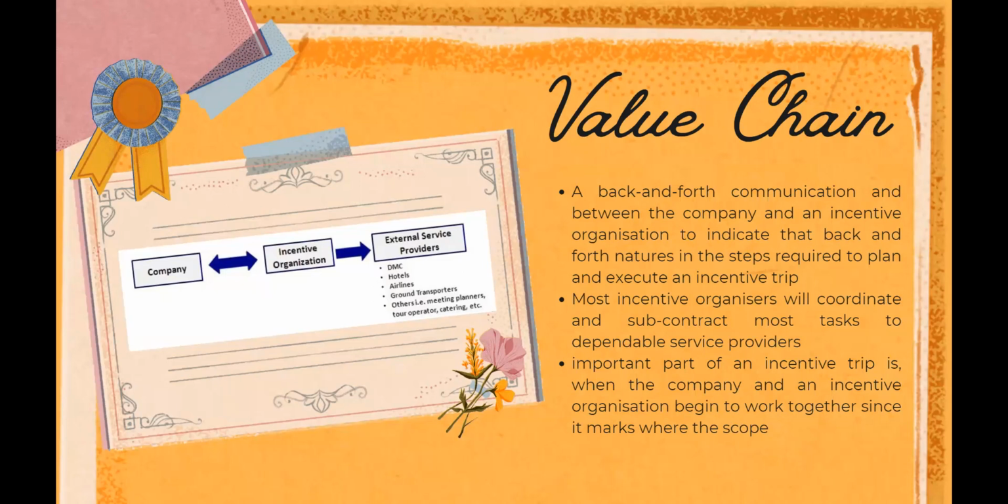Most incentive organizers will coordinate and subcontract most tasks to dependable service providers such as hotels, airlines, ground transportation, and local tour operators. An important part of an incentive trip is when the company and incentive organizer begin to work together, since it marks where the scope and content of the particular incentive trip are defined. Next.